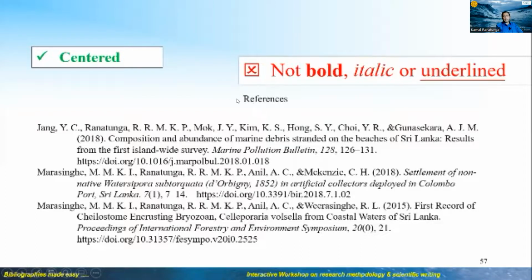And again, the list of references, what term to be used, whether it is works cited or references, all depends on the format used, whether you are going to make it bold or italic or underlined. So all depends on the format. You cannot use it the way you want. If it is APA style, they have clearly mentioned it has to be centered, not bold, not italicized, not underlined.